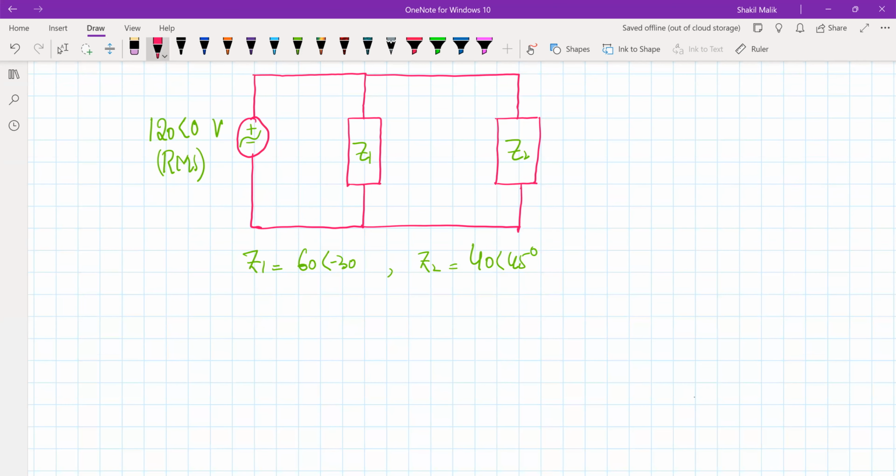Now what we have to do is calculate the total power. The first part is to calculate the total apparent power.